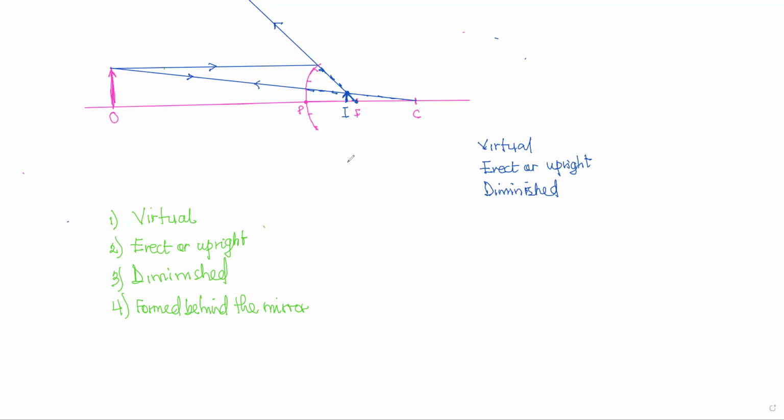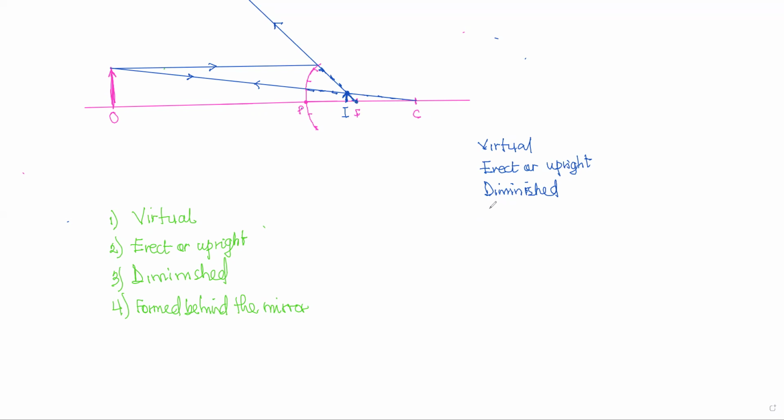No matter that we change the object to a far distance, its location between the pole and F doesn't change. So we don't even talk about that, because no matter the object position, this location doesn't change.